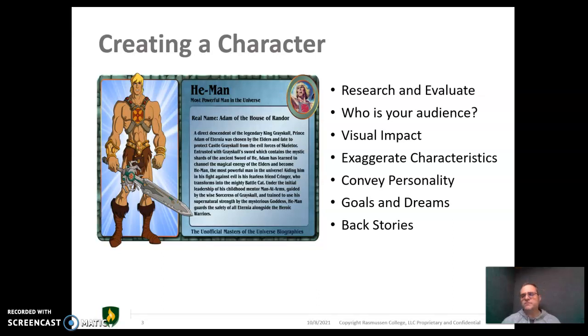And then you have to create specific elements like the visual impact: what makes that character visually awe-inspiring. Also, another thing is to exaggerate characteristics. The more characteristics are exaggerated, the more people are going to understand what this character is. For example, He-Man right over here, his real name is Adam.